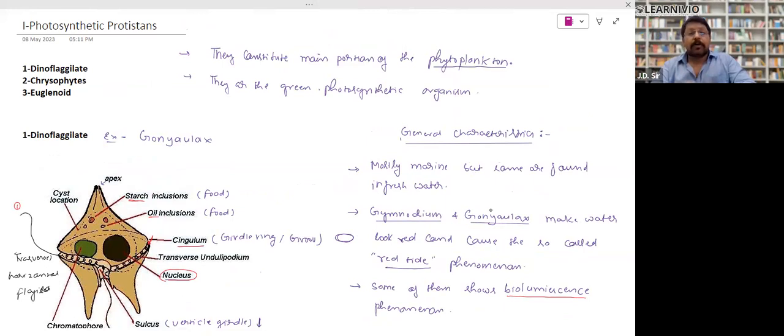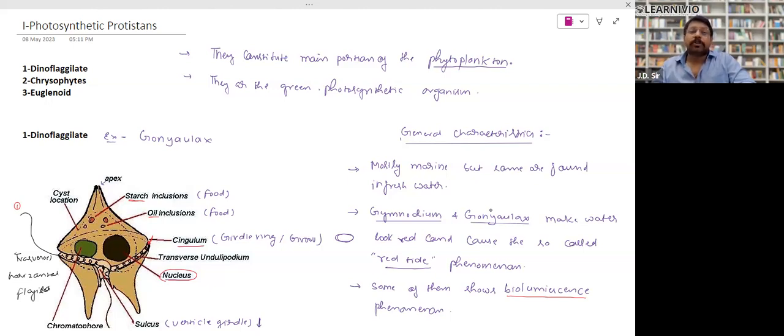Okay, sir. When you see that a river has green color, you must have seen this phenomenon. If the water of a river is green, it means the water does not have green color. Water is colorless. So how does the river look green? It means it has green algae in the water.